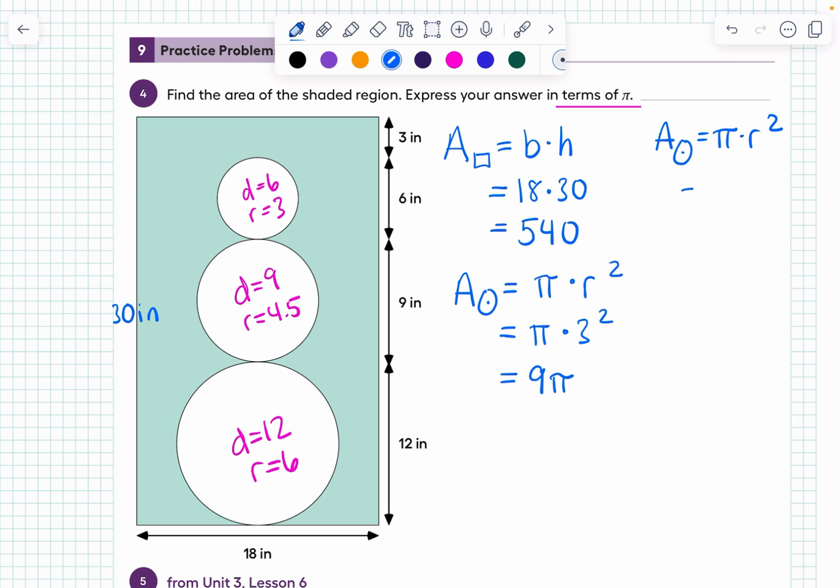For my second circle, I would have pi times 4.5 squared. Well, 4.5 squared is 20.25. The coefficients always go first, and the pi symbol goes in the back of the answer.